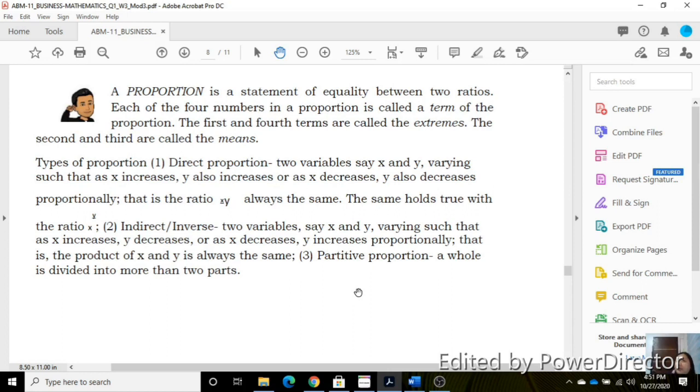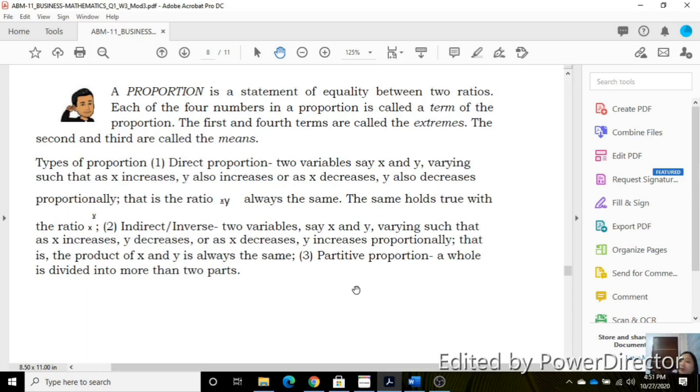So kahit mataas ang x, mababa ang y, kahit kung sino yung mataas, numerator or denominator, kapag kinompute mo yun, laging yun pa rin ang sagot. Kung apat na x and y yun, kung 12 ang sagot, 12 din yun. 12 lagi.